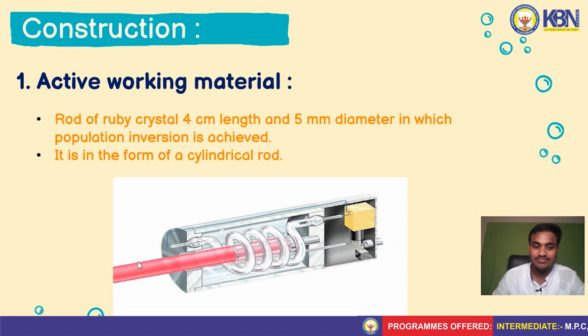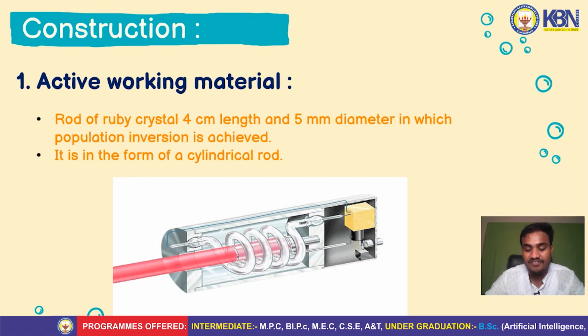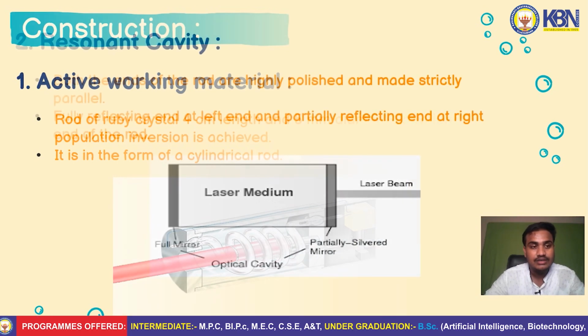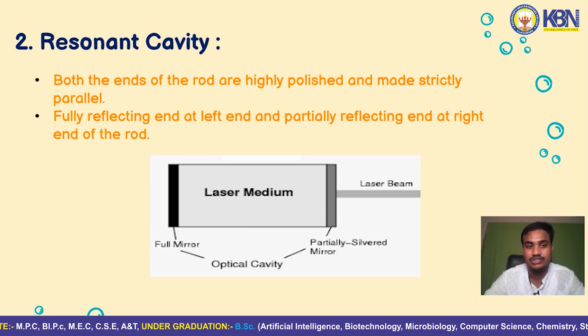It is the place where population inversion is achieved, and it is done by the chromium ions. It is in the form of a cylindrical rod. The second important part of the construction is the resonant cavity.